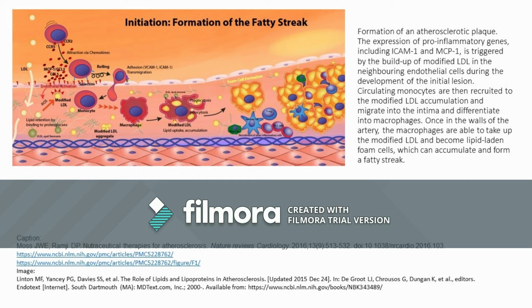Once in the walls of the artery, the macrophages are able to take up the modified LDL cholesterol and become lipid-laden foam cells, which can accumulate and form a fatty streak in the walls of the artery.